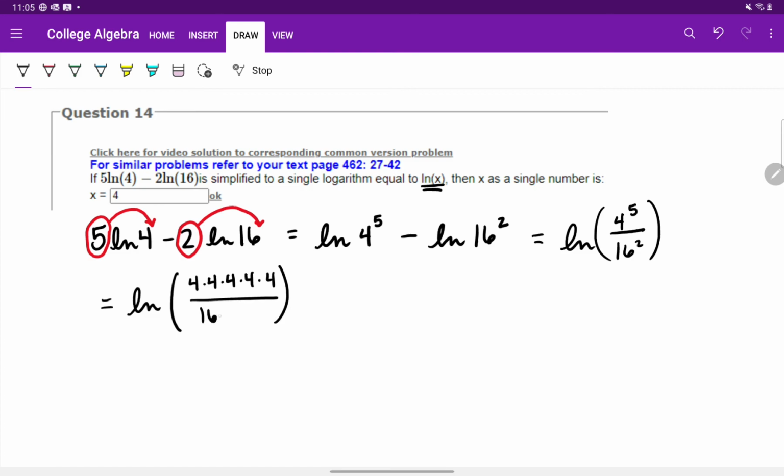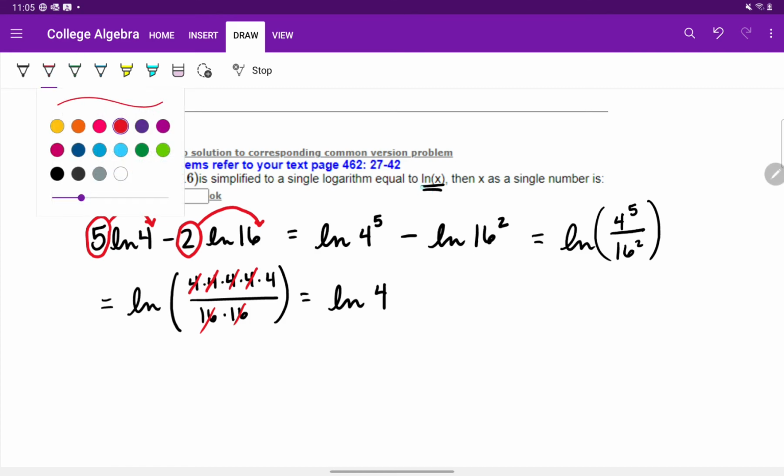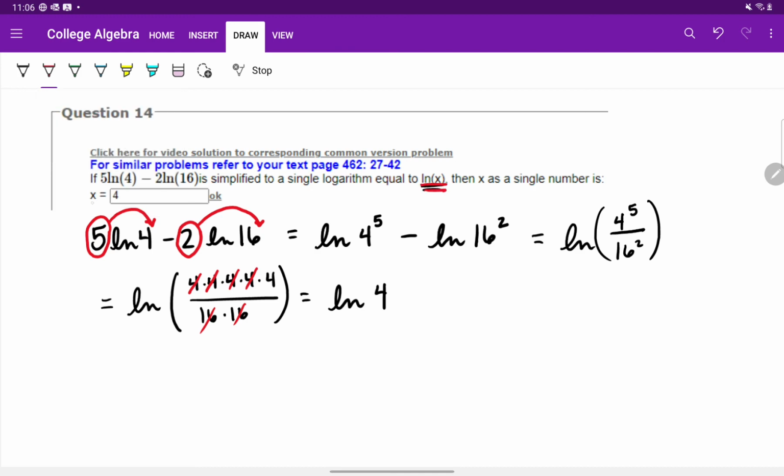And 16 squared would be 16 times 16. Well, 4 times 4 is 16. That would cancel with this 16. And 4 times 4 again is 16, which would cancel with this 16. So, sorry everybody, I just didn't feel like breaking out a calculator for this. So you just end up with 4 over 1, or natural log of 4, as your answer. So they wanted you to write it as natural log of x, where x is 4. There we go.